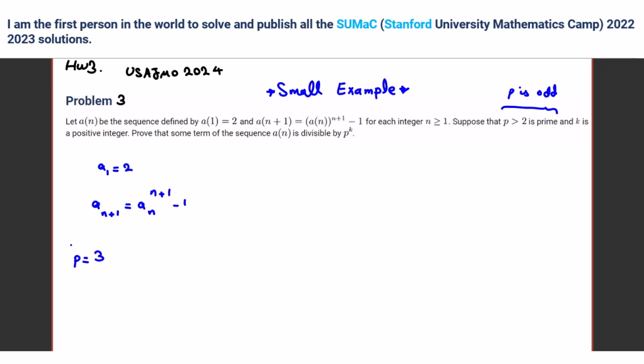Now let's consider powers of 3: 3 to the 1, 3 squared. First 3 to the 1. It says prove that there exists an element that is a multiple of 3. So how can we prove this? This one is not hard. Try to find what is a multiple of 3.